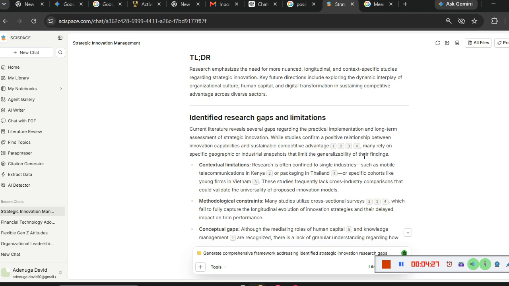That is one of the most consistent gaps, and that also links us back to the scope and limitation, because any research that will cover a wider geographical area must be highly funded research.